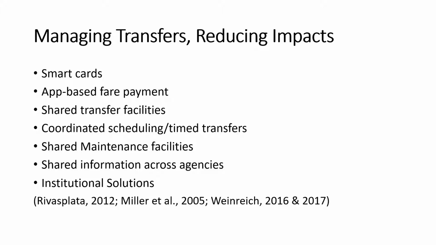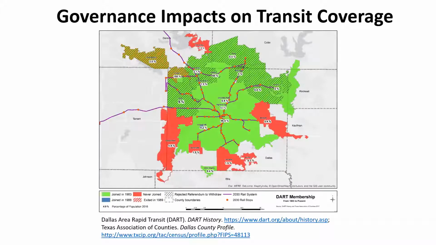Shared information across agencies, for example, on which routes have high ridership and which riders are going where, can help transit agencies manage their routes so that they are in sync with each other. And various institutional solutions, which we'll talk about more later. And that's all for fixed route transit.